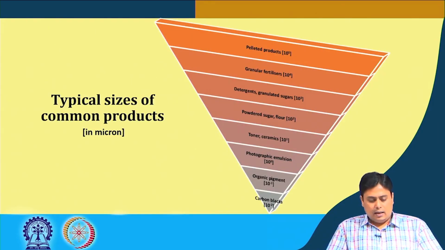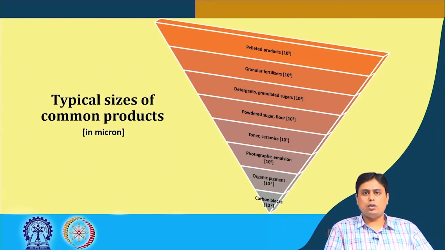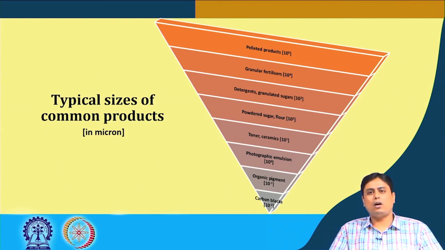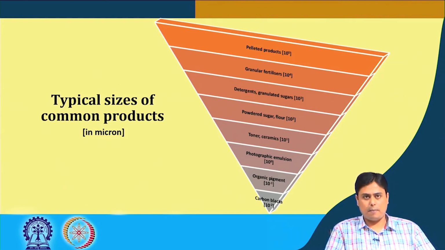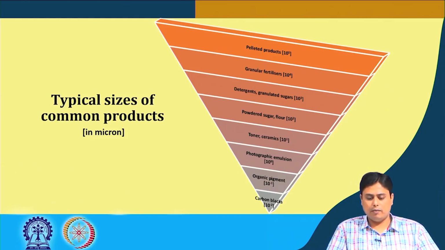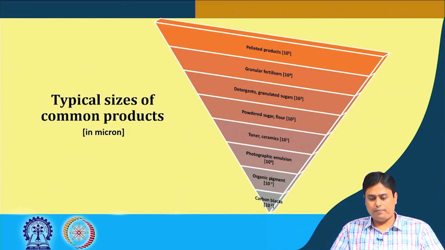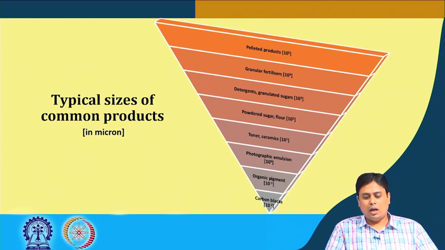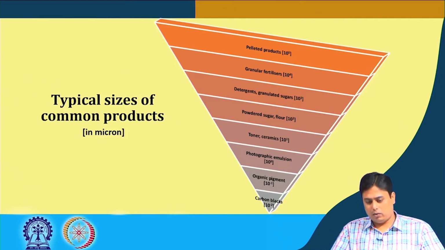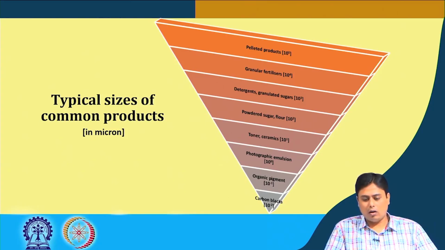So, this is a slide that shows the typical sizes of various common products that are commercially available. This is the size range given in micron. For example, the topmost is the bigger particle, in the order of 10 to the power 5 micron, which means in the order of meter scale, that is the pelleted product.